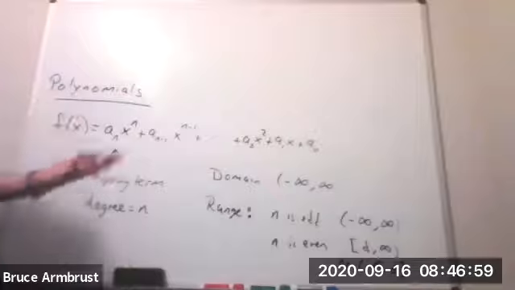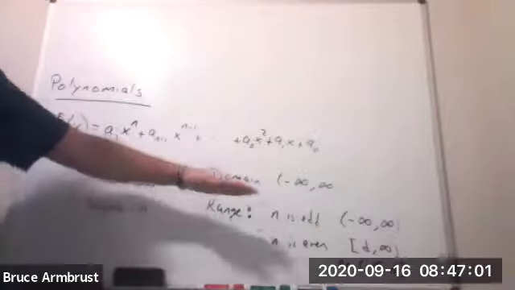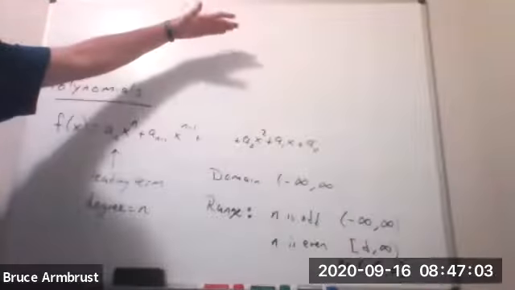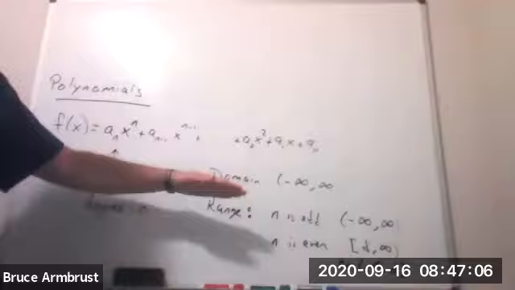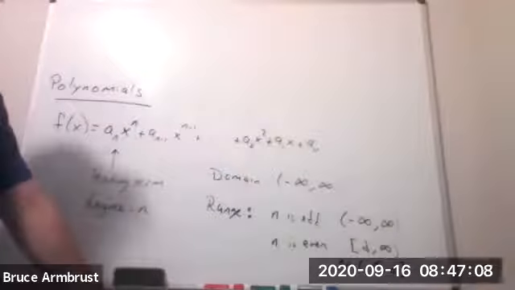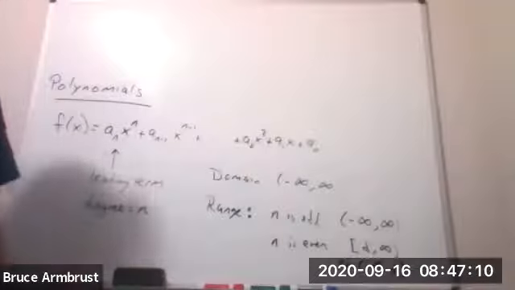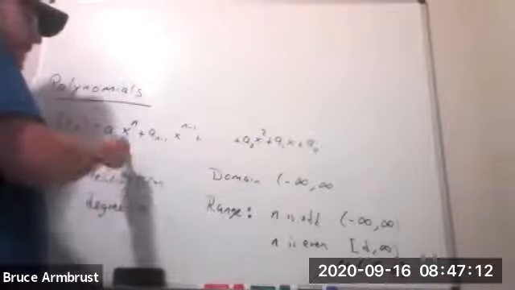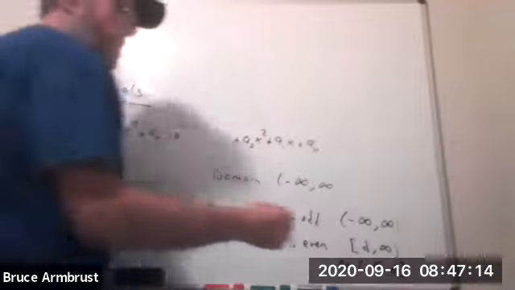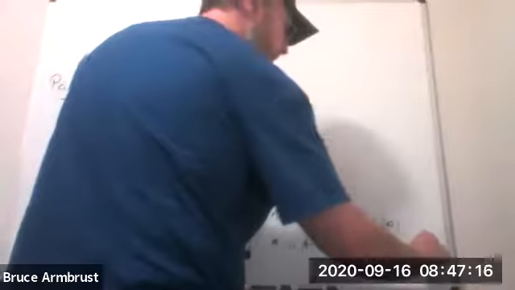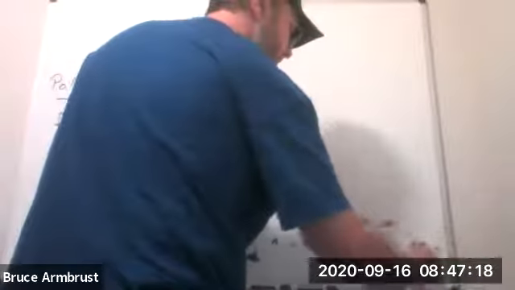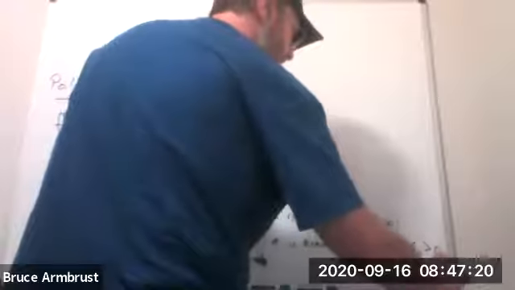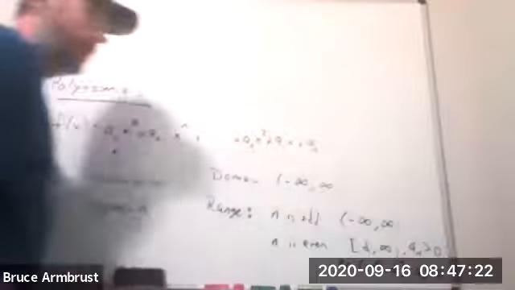Basically, you're either going to get from some number and bigger, or from some number and lower. And this all depends on that a sub n. The first one is when a sub n is positive, and the second one is when a sub n is negative.